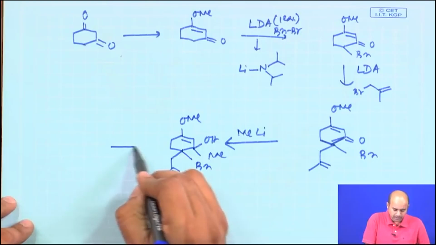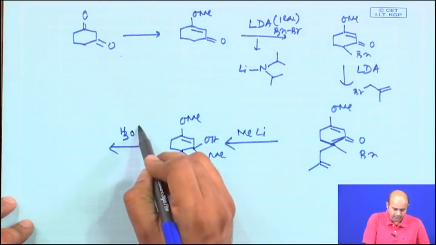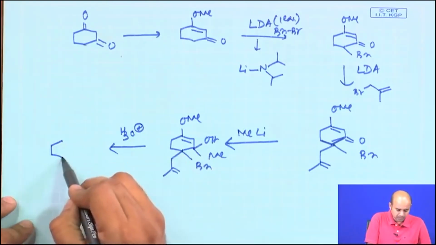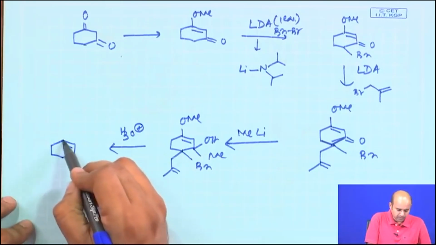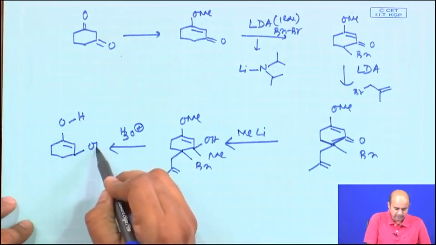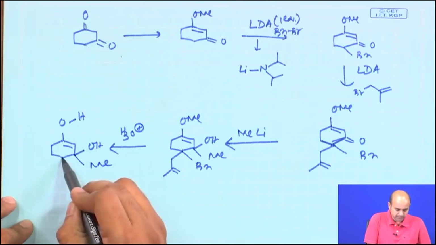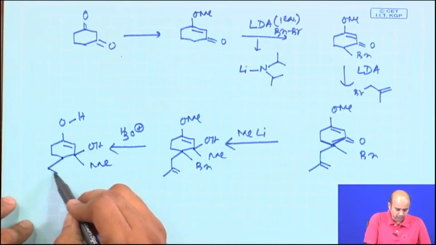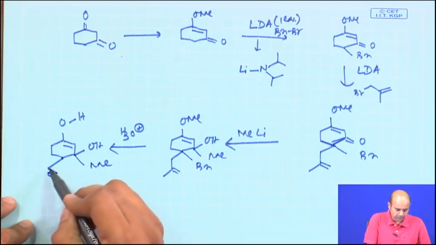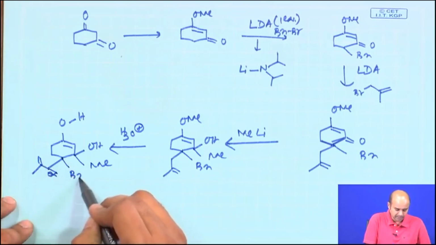Now, basically you do a similar kind of thing, vinyl ether hydrolysis, just exposure to mineral acid, and your vinyl ether will be hydrolyzed, and then it tends to enolize followed by water elimination. The rest of the molecule will remain similar, and your benzyl.